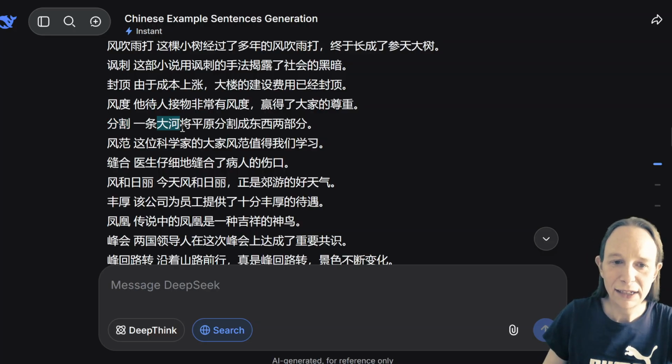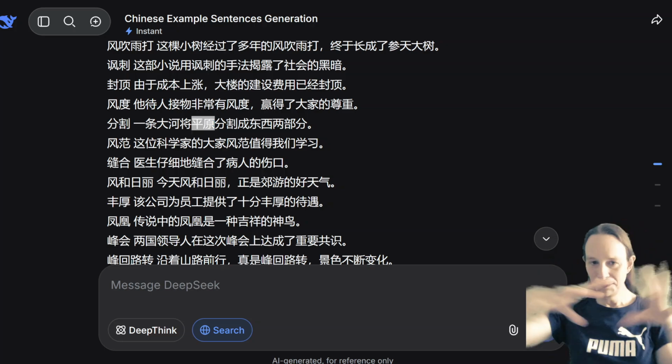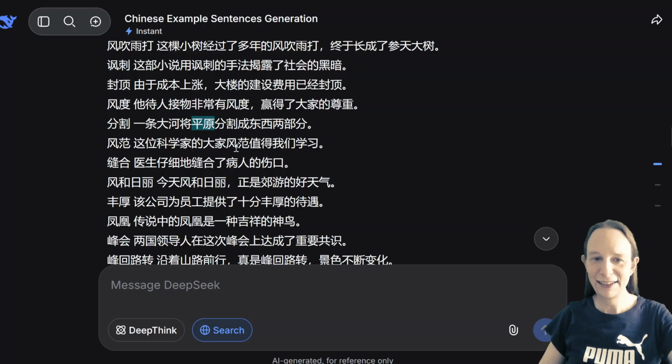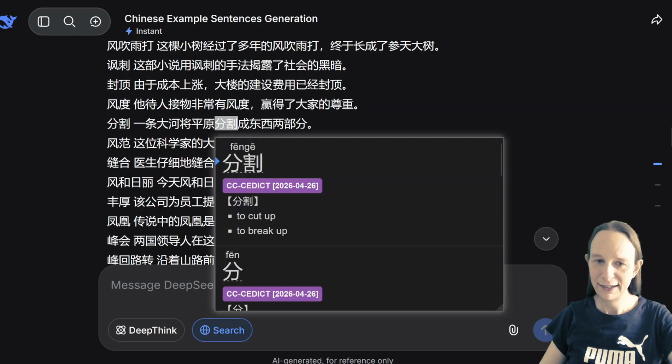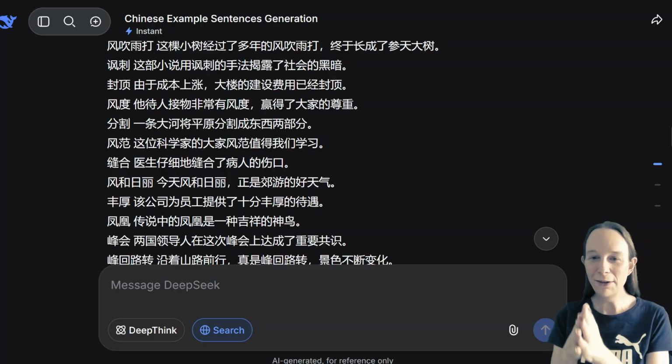一条大河将平原分割成东西两部分。Okay, so there's a big river. So this is a plain, is it? By a plain, it's divided into two parts. So there's a river, it's flowing along merrily, and it's like, oh no, a plain!